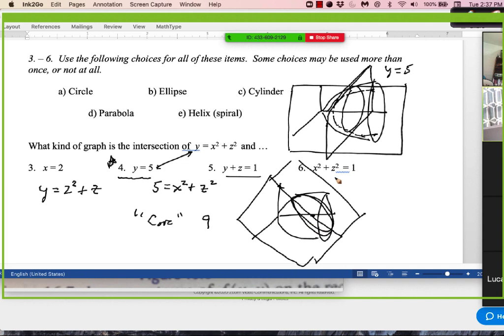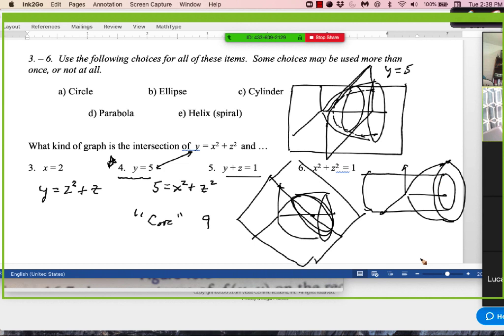Last one, x squared plus z squared equals 1. So basically you're taking a paraboloid that keeps getting bigger and bigger and then intersecting it with a circular cylinder on the y-axis.